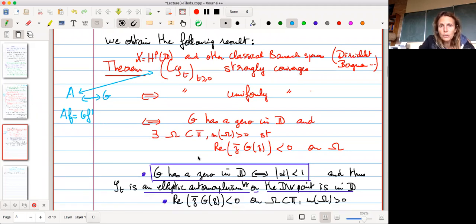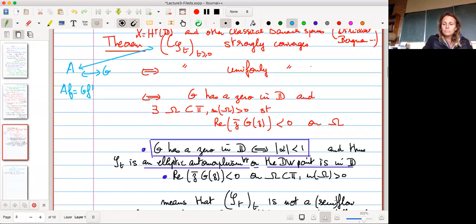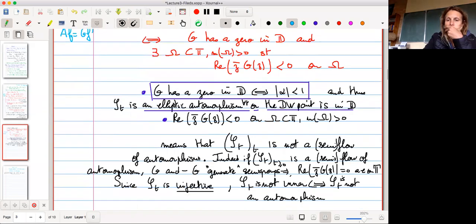And just a few words to explain why we have that. The fact that G has a zero in D means exactly that the alpha in the description of G given by Berkson and Porta, which is the good candidate for being the Denjoy-Wolff point of the semiflow, provided it's not an elliptic automorphism, is inside.